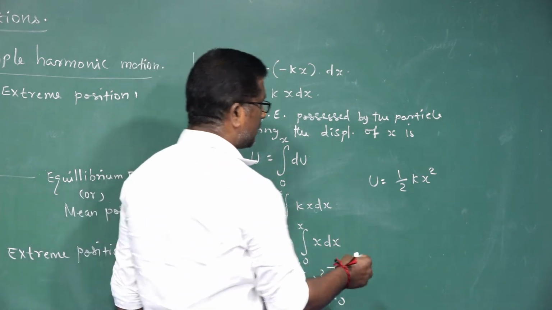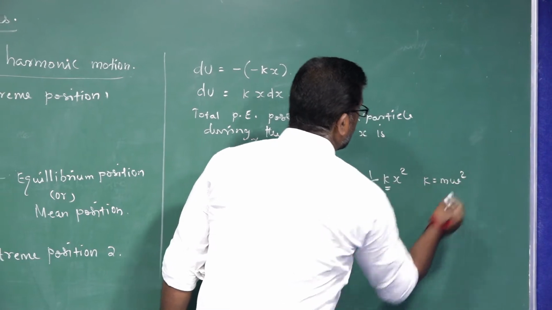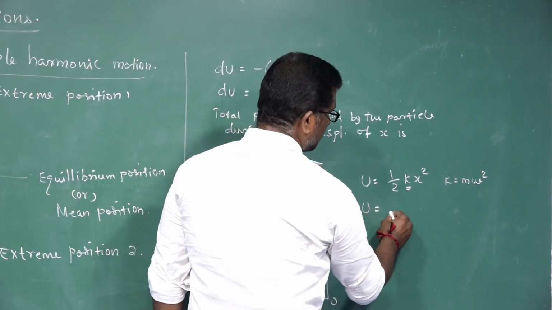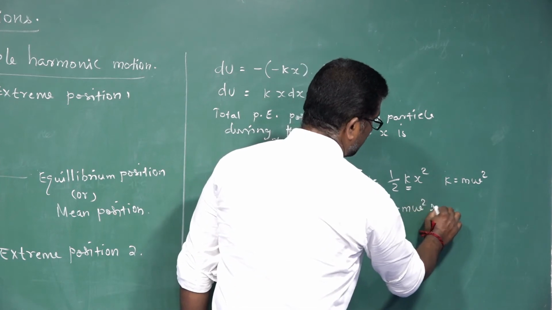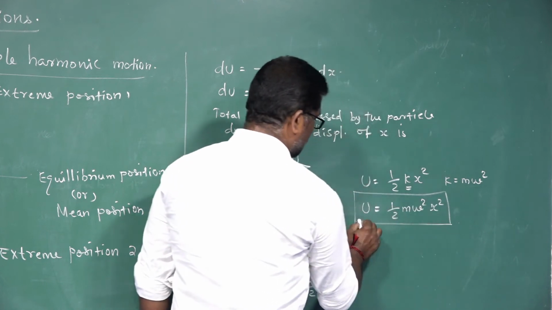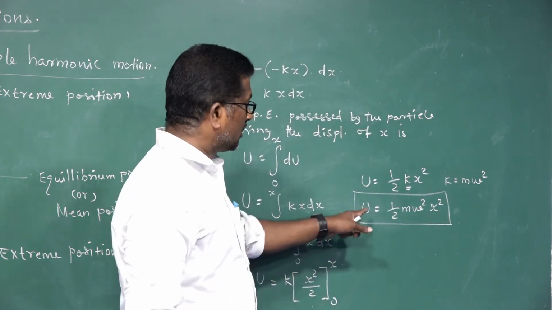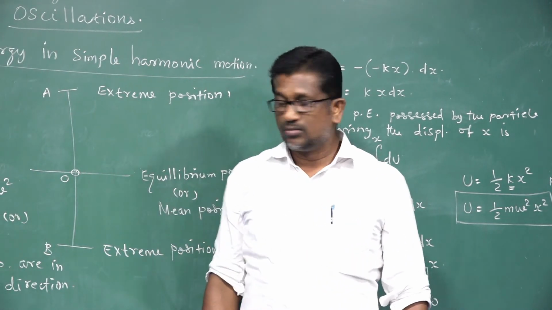Okay, already we know that k is equal to m omega square. Therefore, u is equal to half of m omega square into x square. So this is an expression for the potential energy possessed by the particle executing simple harmonic motion.